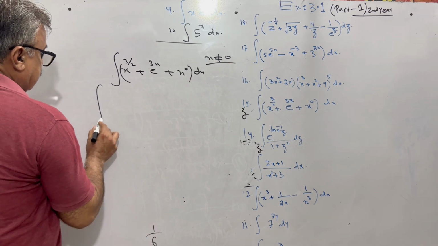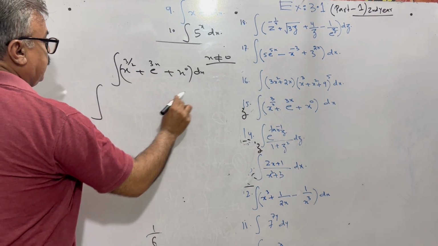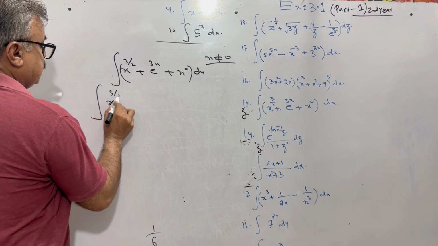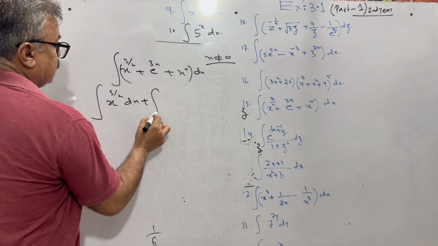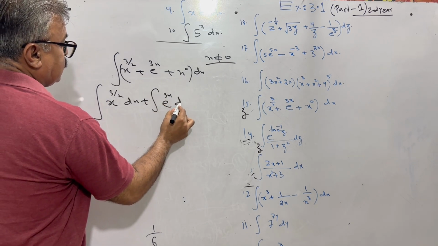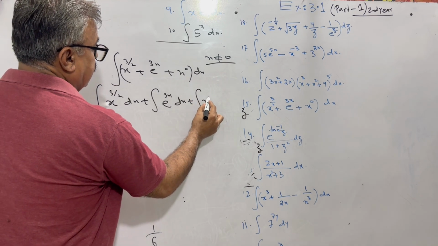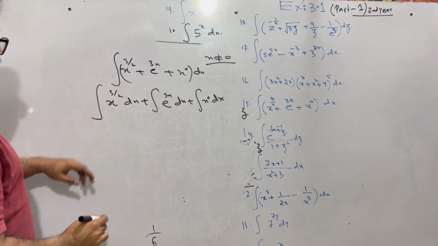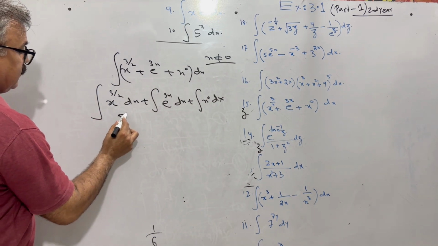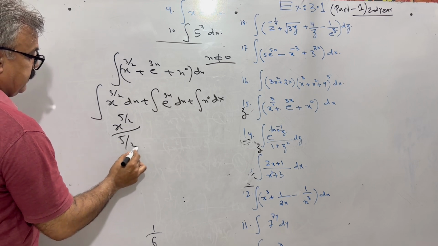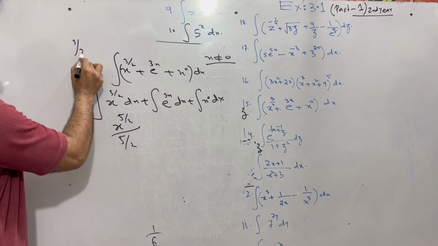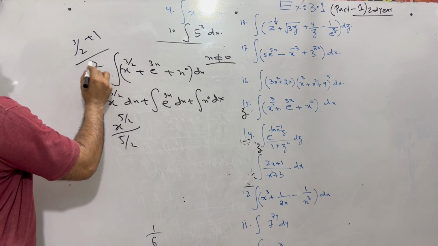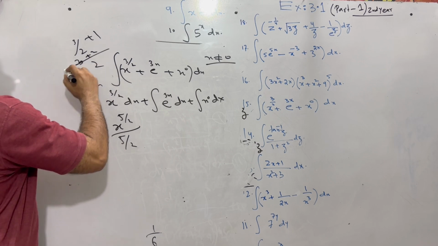Let's see how. Just distribute integral symbol and dx throughout: x raised 3 over 2 times dx plus e raised 3x dx plus x raised 0 dx. Add 1 into the power, it will become 5 over 2 divided by 5 over 2. One can take the trouble: 3 upon 2 plus 1, taking 2 LCM, 3 plus 2, 5.